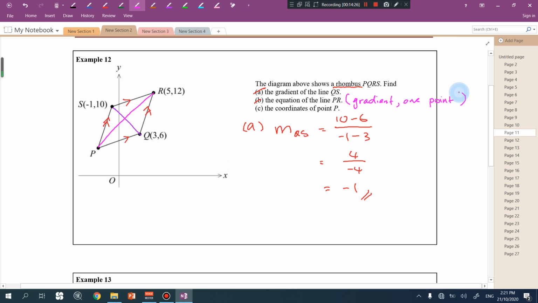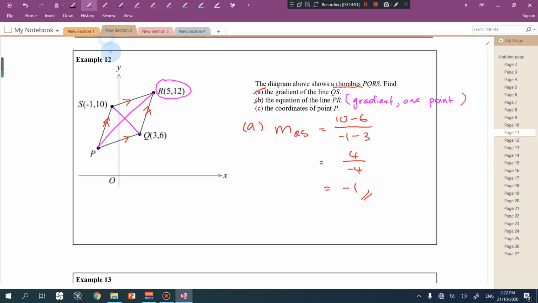The point that you use must lie on that straight line. I have 3 points over here. Which point should I use? You can only use this point, because Q and S are not on this straight line, so you cannot use them. But the problem is we don't have the gradient of PR. How do I get the gradient of PR?